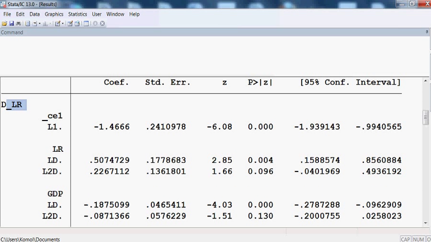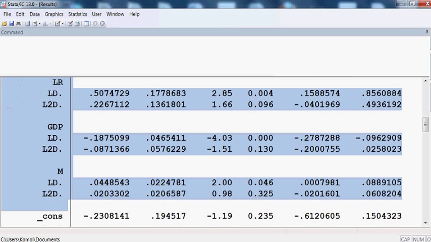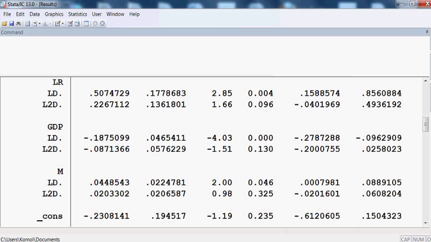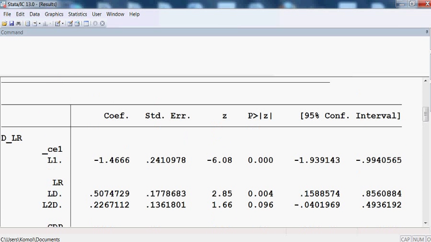Okay. So that is the decision of this error correction model, right? And from here, actually I shall be choosing only this model, right? Only this model.